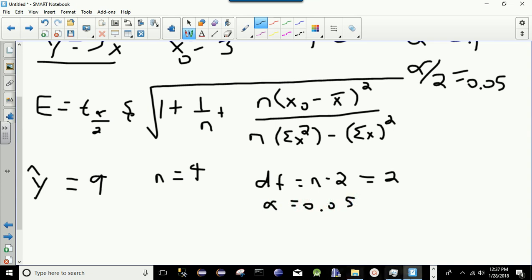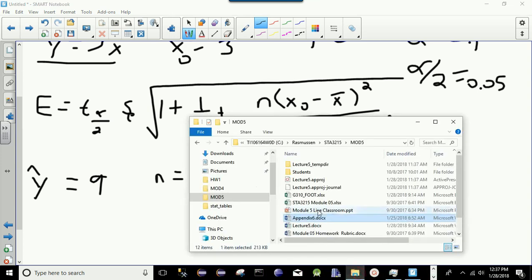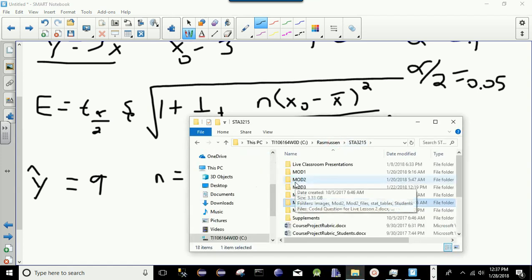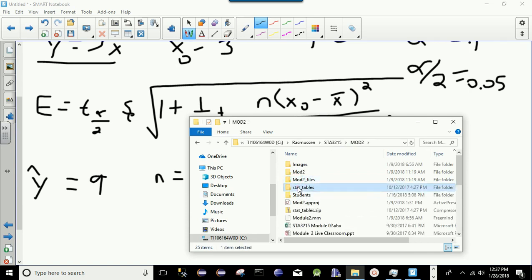So you look that up in your t table, right? So t alpha over 2 is equal to 0.05.